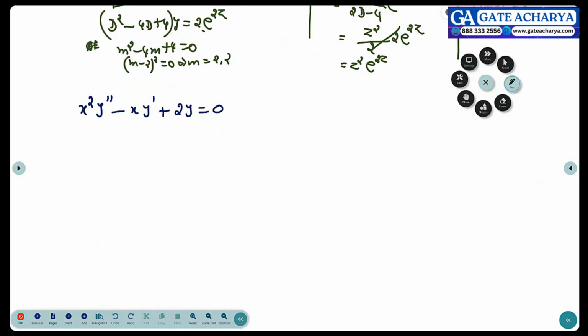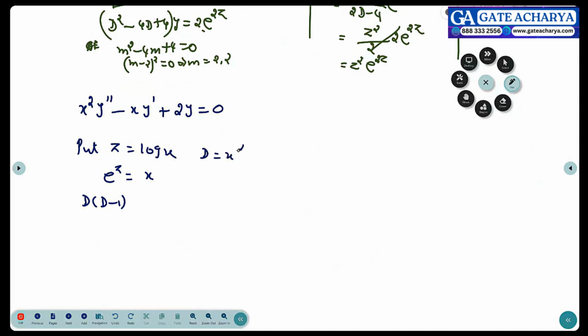Euler-Cauchy homogeneous equation. Therefore, in this case, we put z equal to log x. Then e power z equal to x. Then we rearrange these equations. So x square y double dash is D into D minus 1, because what is our capital D?